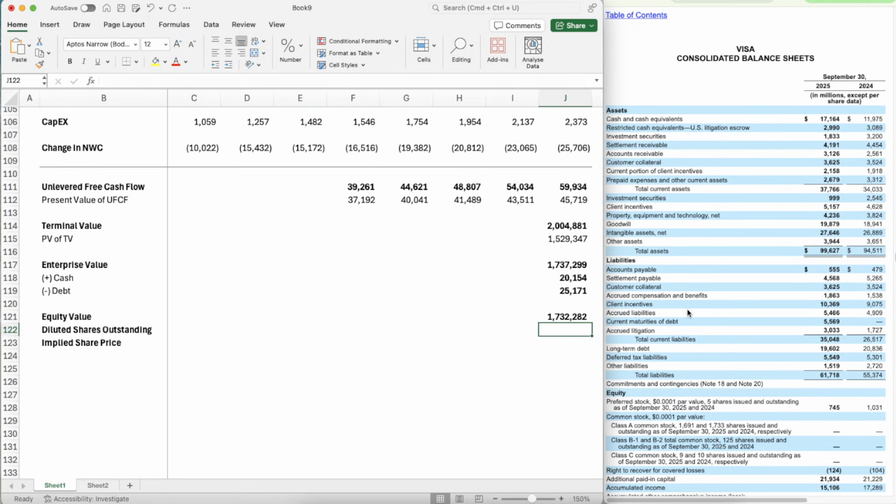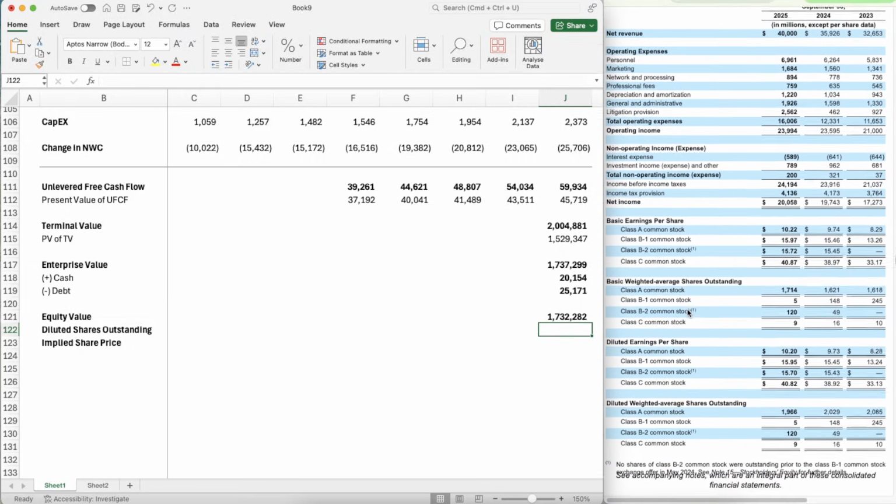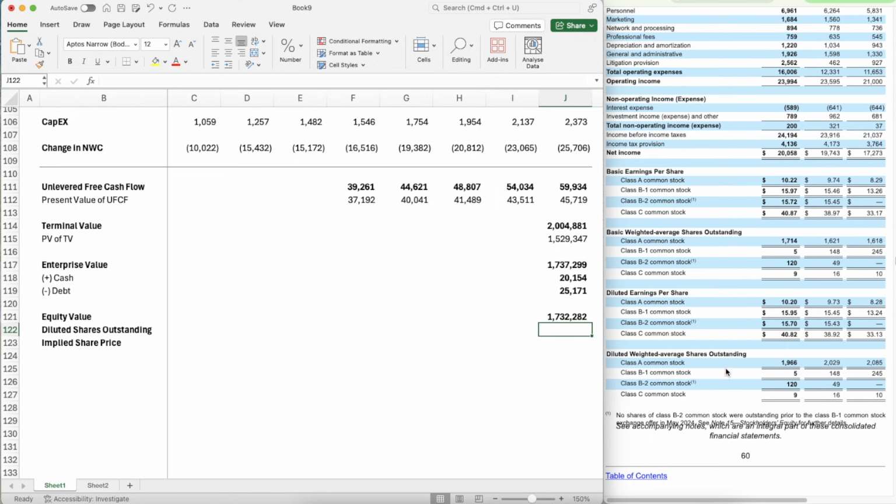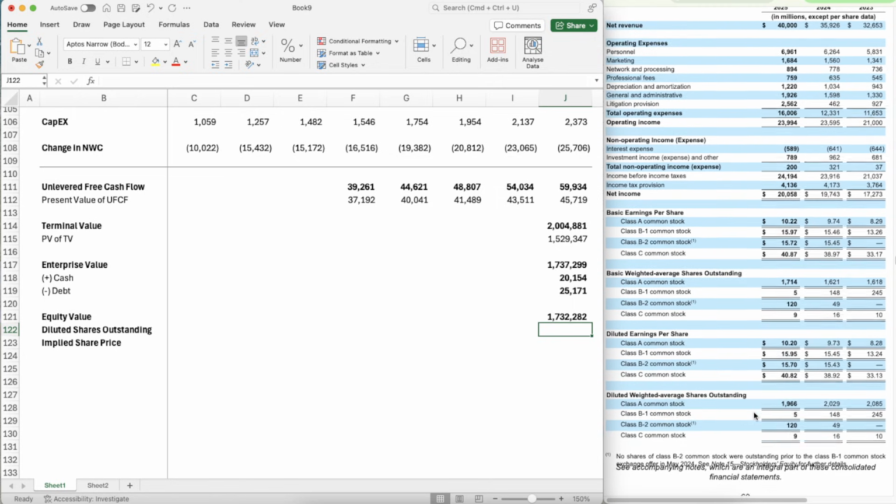So okay, diluted shares outstanding. Come down to your income statement. We want diluted shares outstanding. We just add all of these up. Equals sum, 1966, 5, 129.